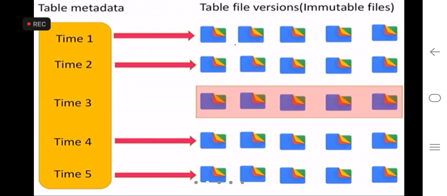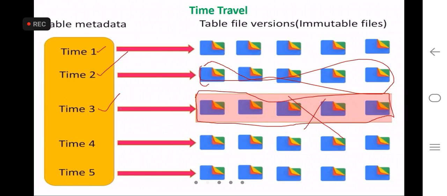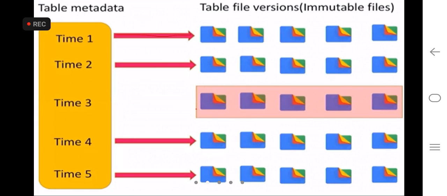So the moment you delete it, this arrow mark you see, right? These are metadata pointers. So when you delete a file from the table, which means when we are deleting a record from the table, it just removes the metadata pointers for those deleted records. This arrow indicates the metadata pointers.